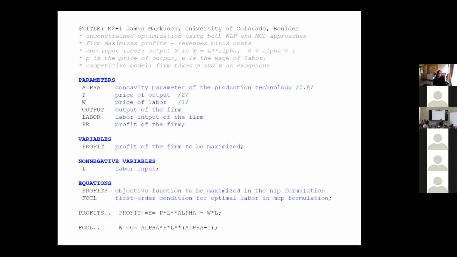The objective function for optimization here is profit. Notation in GAMS is you have equal sign E, equal sign for inequality. If you just put in an equal sign, it's not going to run that. That's used for assignment statements. And then this is revenue minus cost, so price times labor to the alpha minus WL is profits.